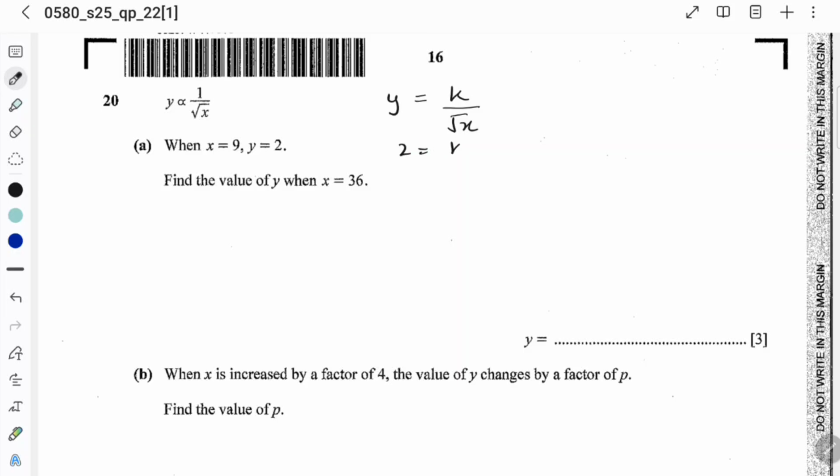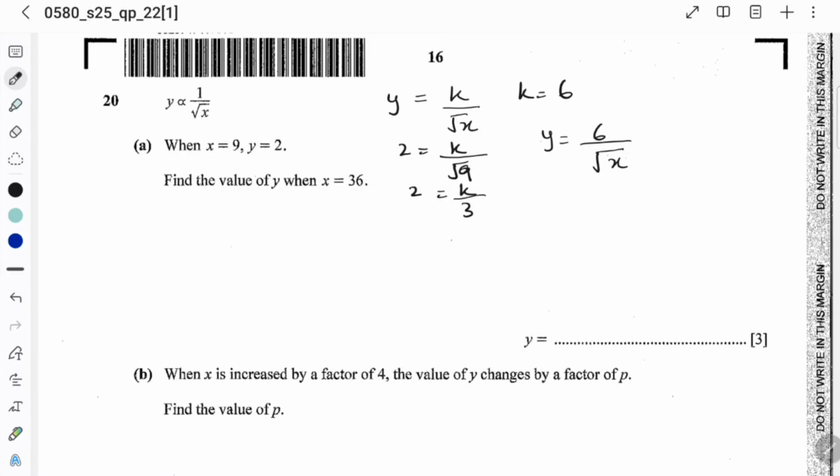So 2 is equals to k upon square root 9, which is 3, then k will be equals to 6. So we have the equation y is equals to 6 upon square root of x.